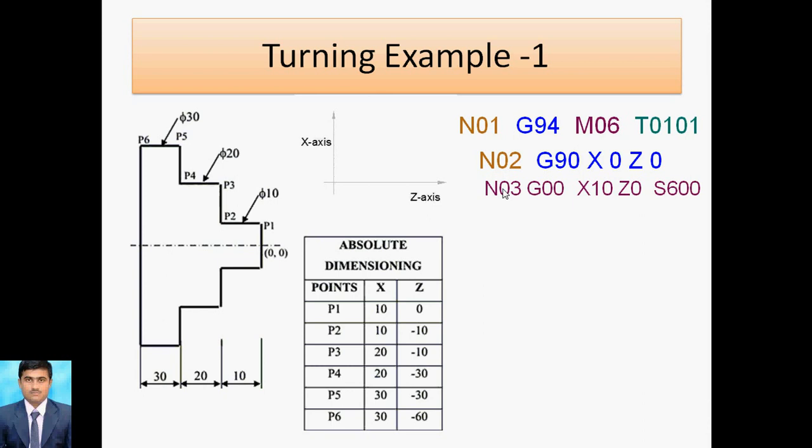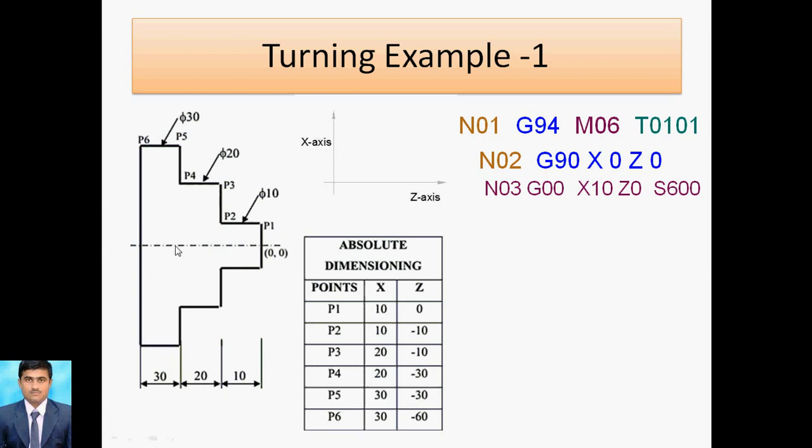Now the next block indicates N03. So N03 means we approach the P1 value. That's why for P1, X is 10 and Z is 0.